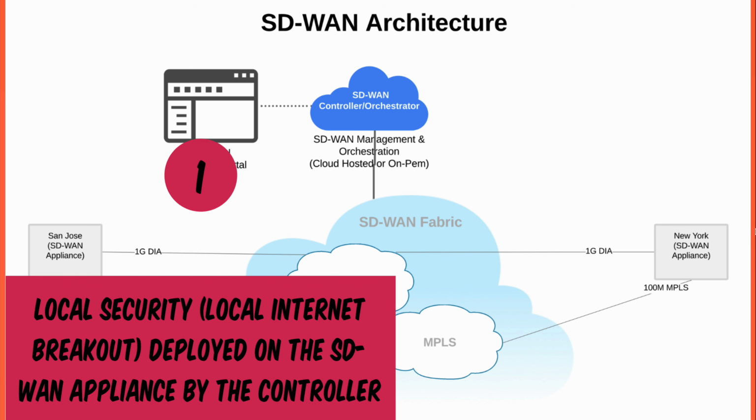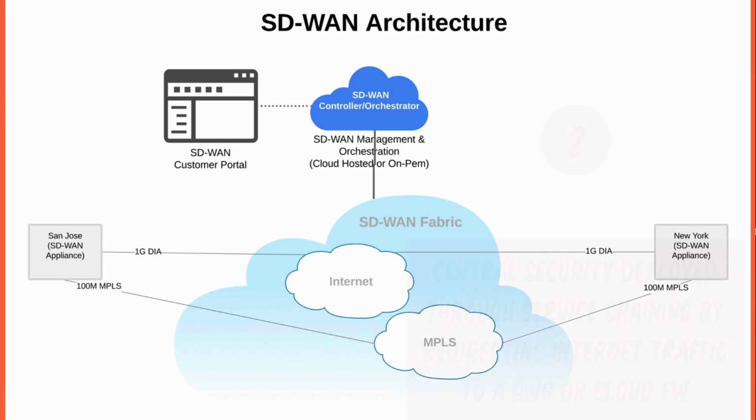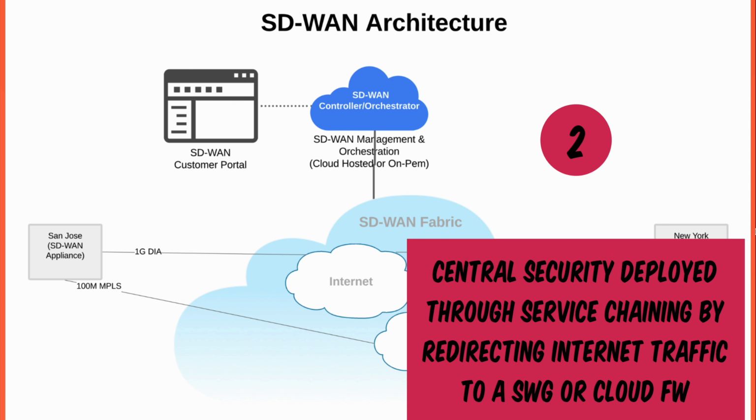It has the threat defense mechanism, next generation firewall, along with IDS and IPS and malware protection and all those things. Or we might have a scenario where we still want to use a centralized security model through service chaining.